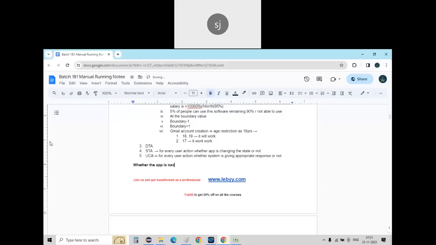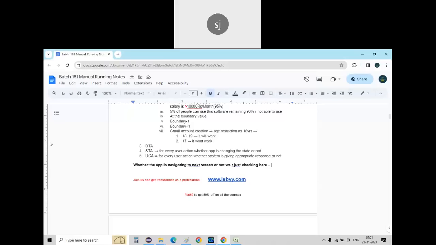Whether the application is navigating to the next screen or not, we are just checking here whether the application is navigating to the appropriate screen or not. See, a simple example, guys.